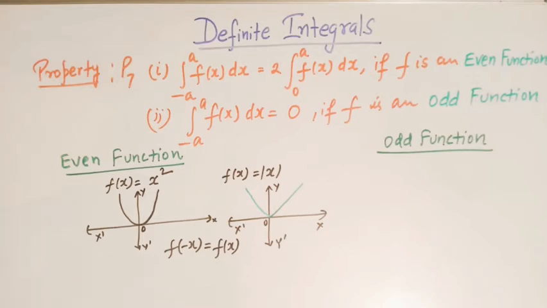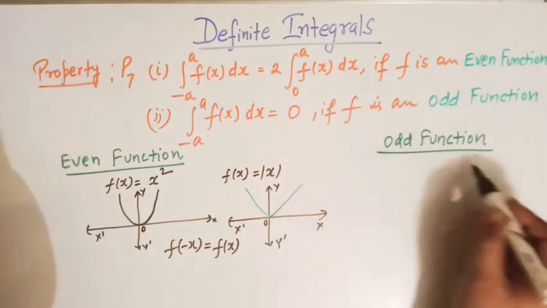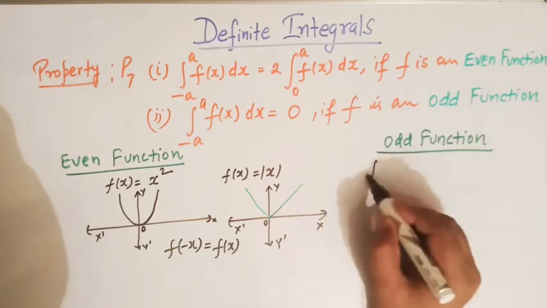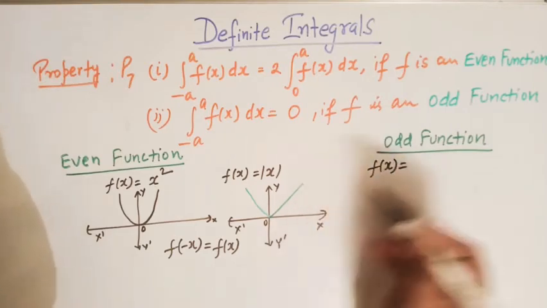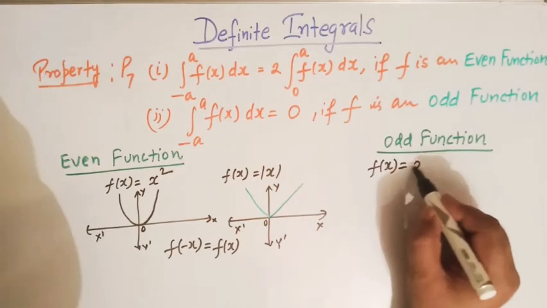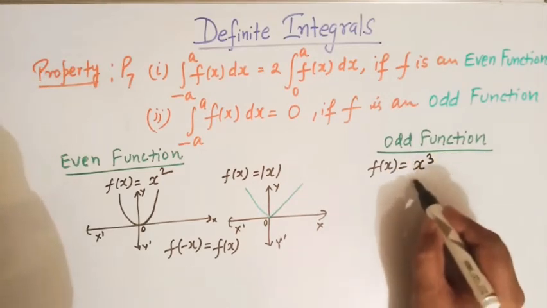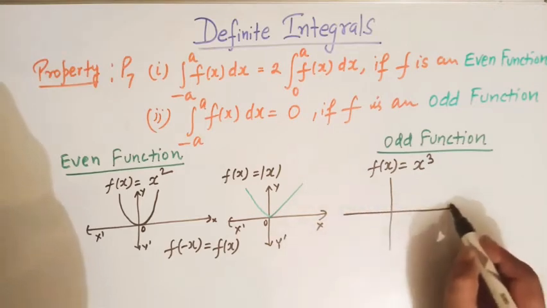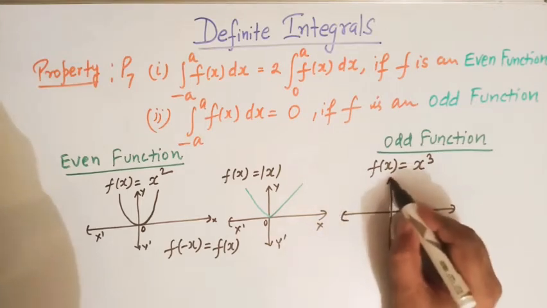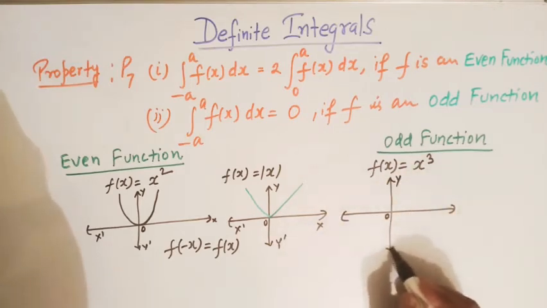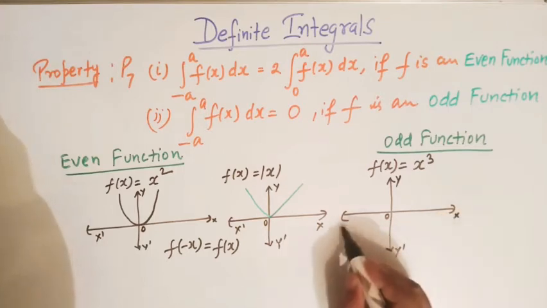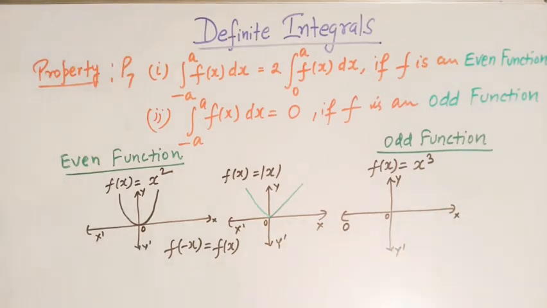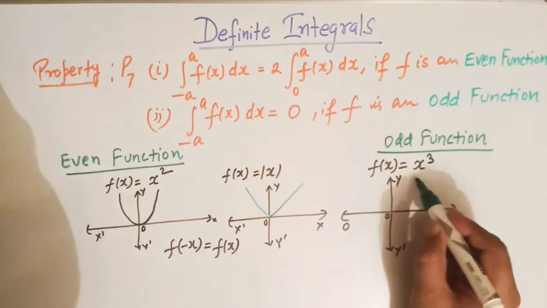Okay, now come to the graph of odd function. Let us take a function, say x cube. So here we have the cubic function, and the graph of this function looks like this, right?